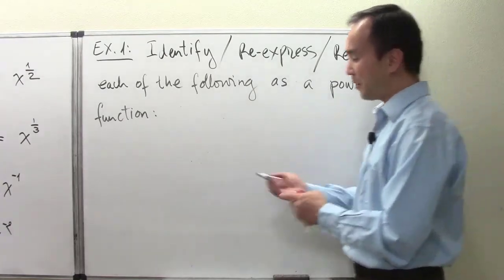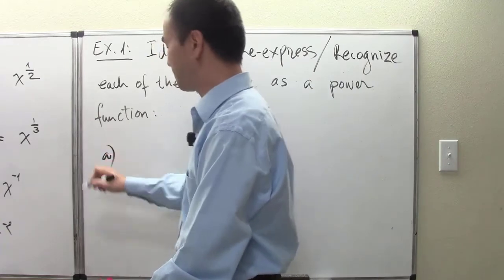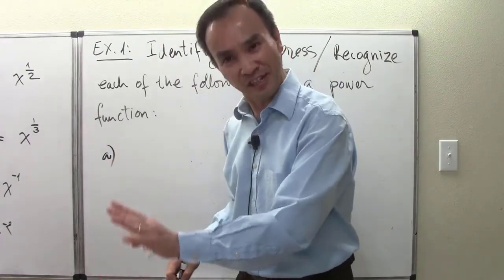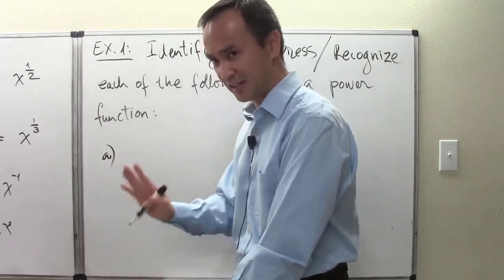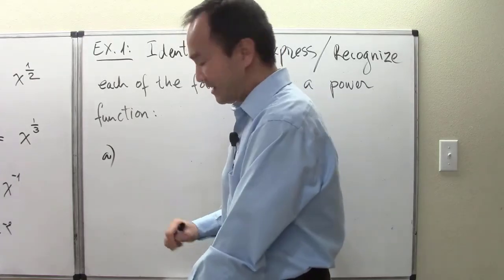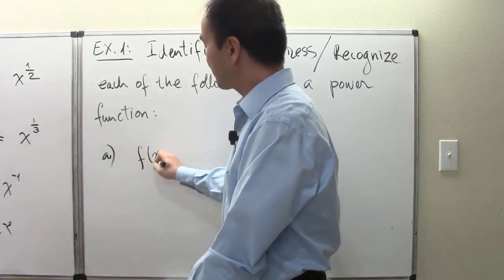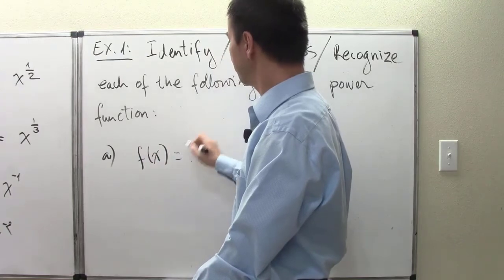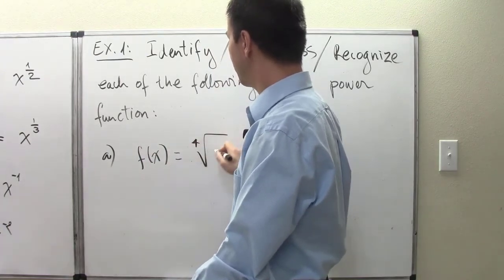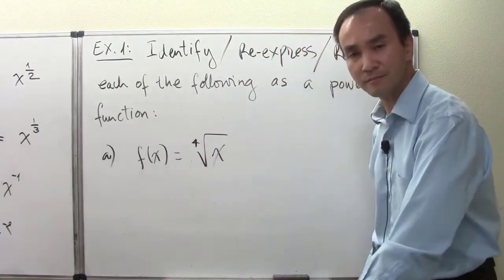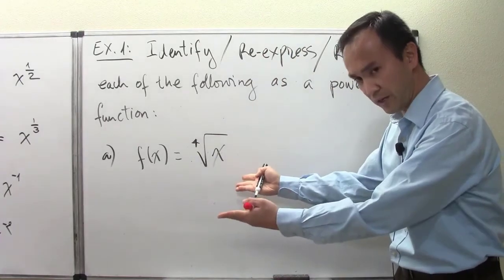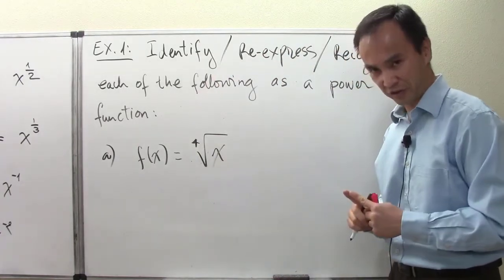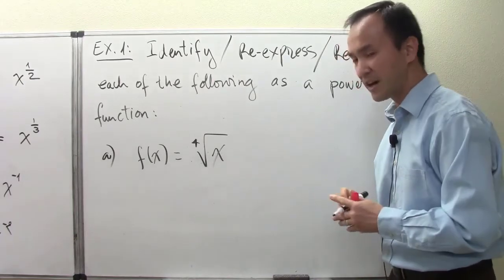All right, so part A, good experience for anyone. You have seen this a lot in your previous courses, and here I'm bringing these up again. How about f of x equals the 4th root of x. This one is similar to the square root function or cube root function that I brought up among the toolkit functions.